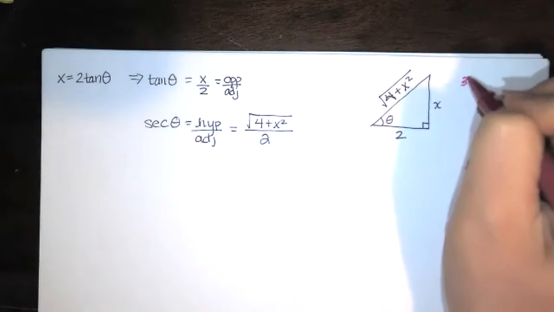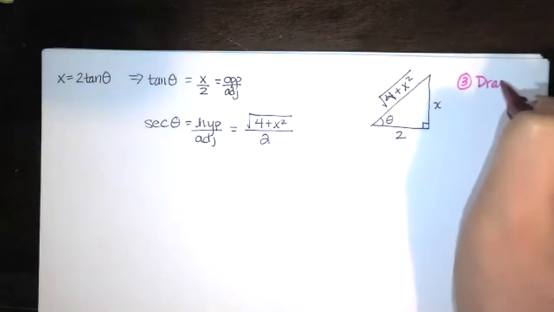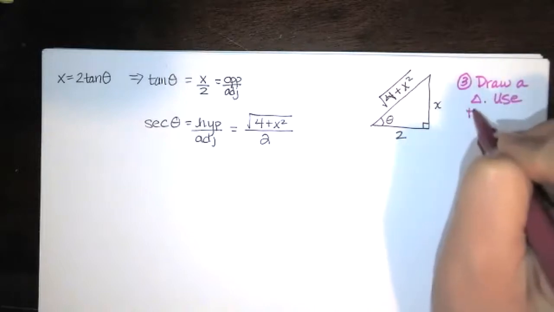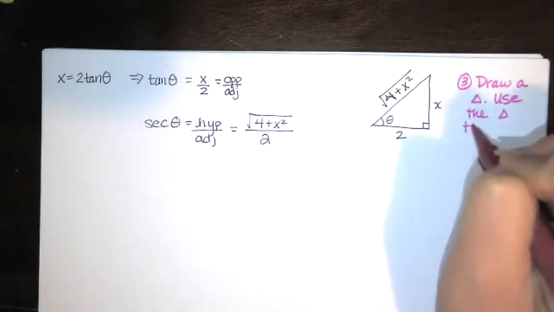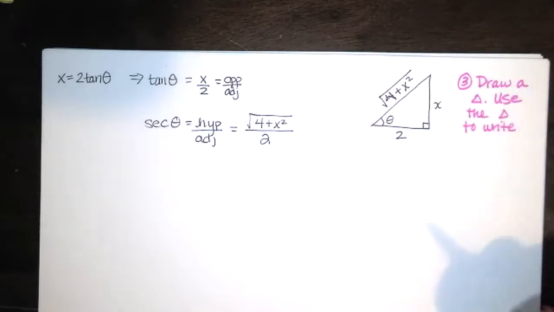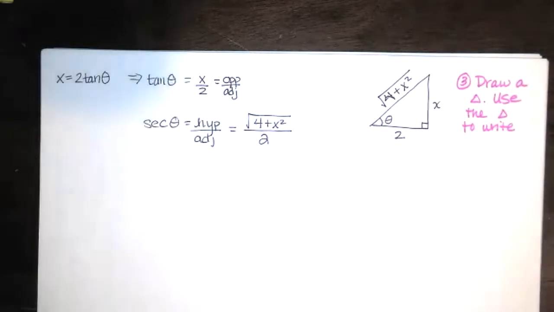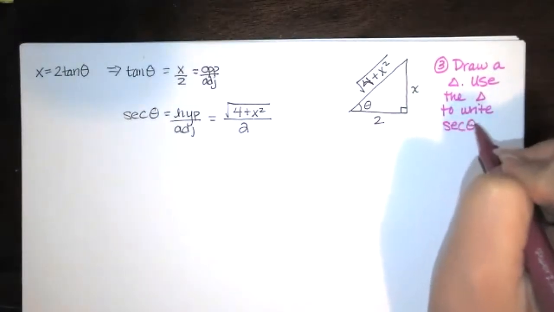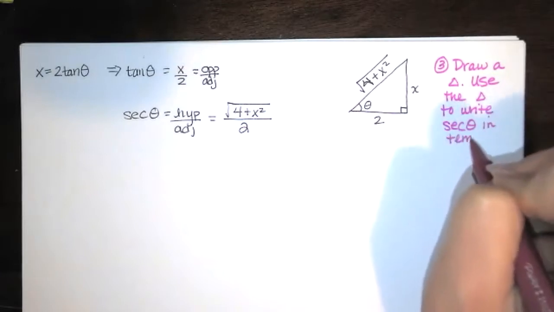That's our third step. We draw a triangle. We use the triangle to write all of the functions in our antiderivative, which in this case includes just the secant function, in terms of the original variable x.